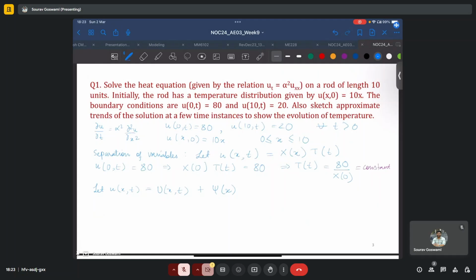And we will see how this helps. So with this substitution, ∂u/∂t then simply becomes ∂U/∂t, and ∂²u/∂x² becomes ∂²U/∂x², but psi is also a function of x, so psi double prime of x.